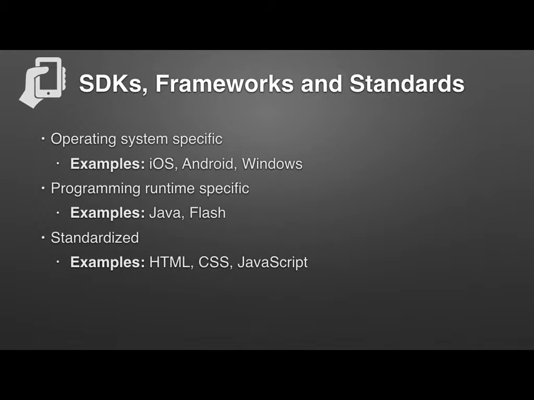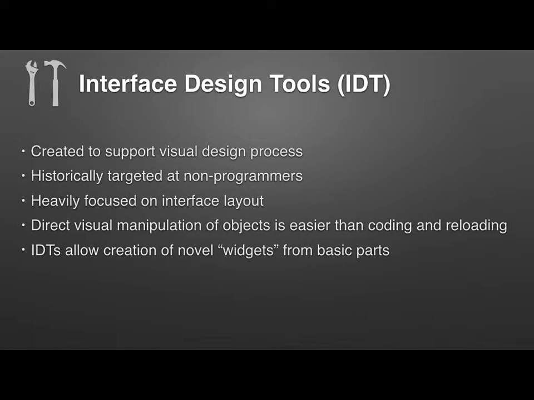And for the most part, for the basic things at least, they look the same. And that's just based on standards. And so whoever's implementing a browser or something that's going to display this is trying to meet that standard.